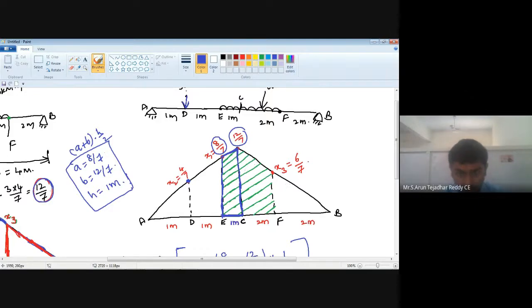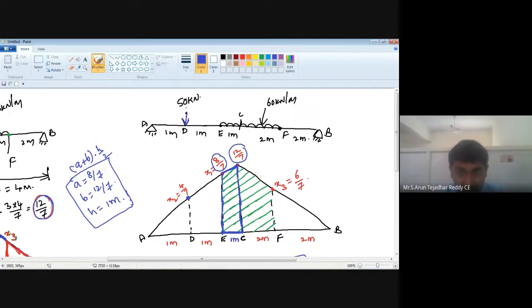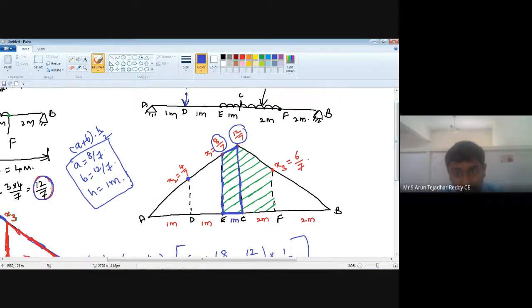Now, what about right portion? In the right portion, we don't have any point load, but we have a uniformly distributed load. So here also same concept. Create some area. Which color? We'll take this color. Brick color.